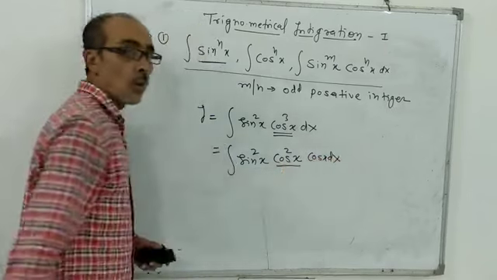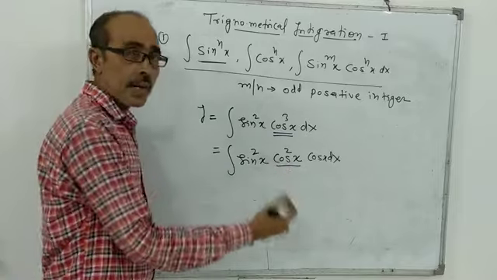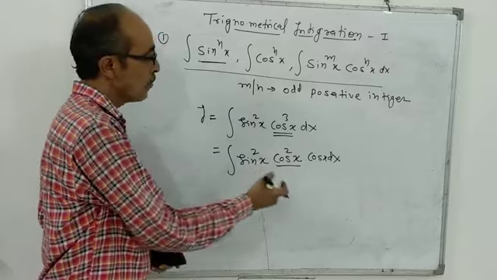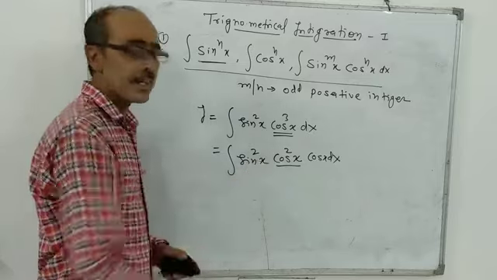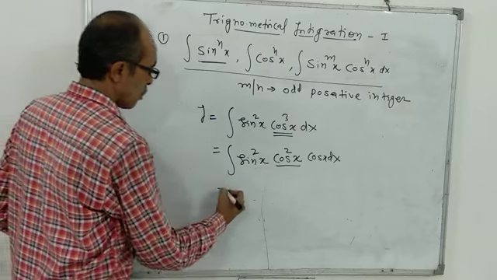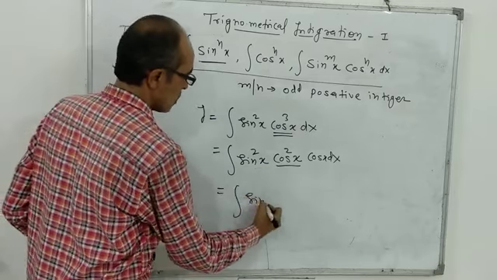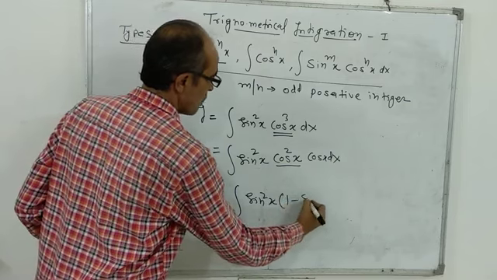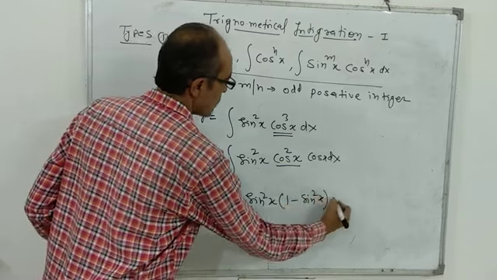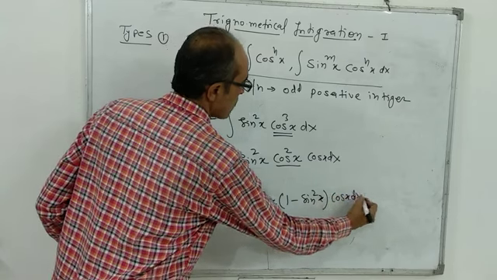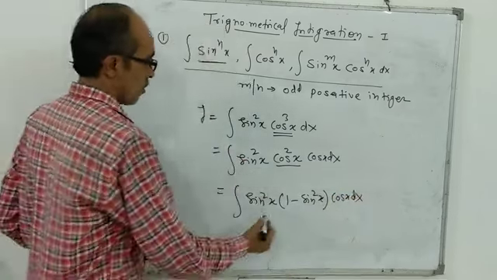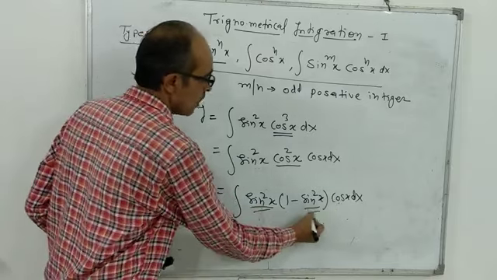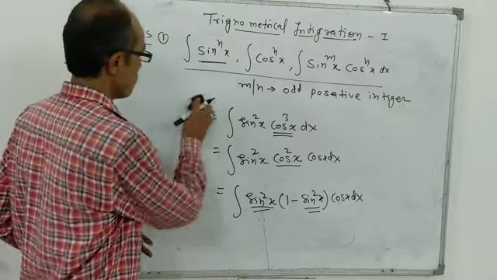Now this cos square x can be written by the identity as 1 minus sin square x, a function of sine, so that the substitution sin x equals t will be applied. So write sin square x multiplied by 1 minus sin square x and cos x dx, and cos x is the derivative of sin x, so we assume sin x as a variable t.